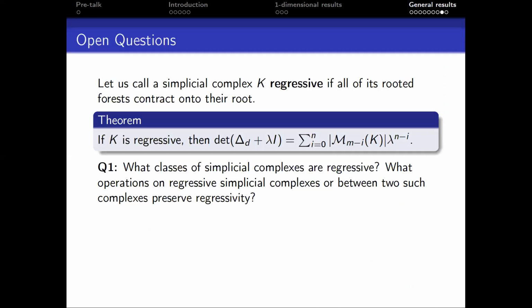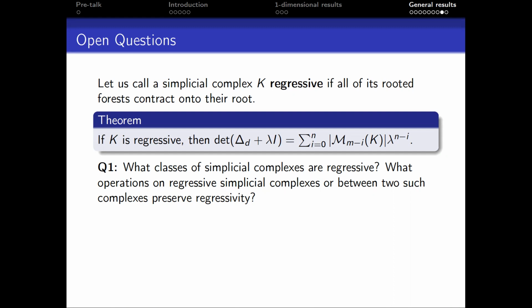Now we can ask a question that is natural for mathematicians: if something fails, what is the set of things that fail? Is it just because of the orientation, or is there something else we are missing? Are there weird complexes for which we still have something in between? We call them regressive.